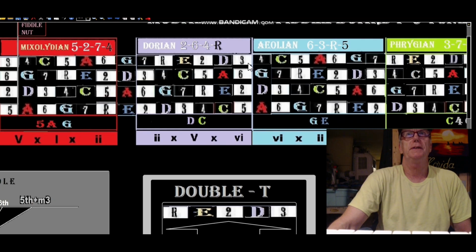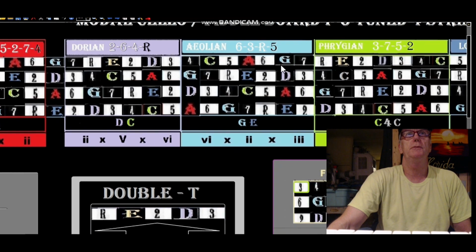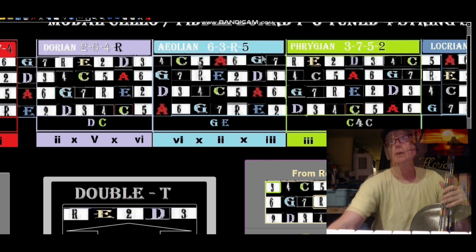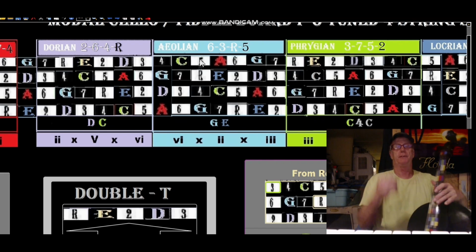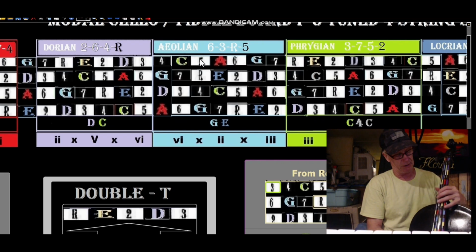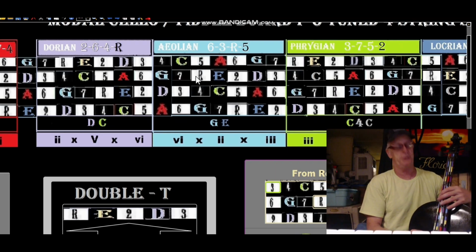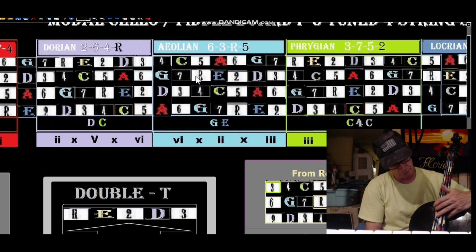Now to 3 there. Now when we get to Aeolian, we move the pattern down again. 6 comes down here. We're going to have to go root, 5, 3, 5. We're going to have to go back for this 5 if we want to stay in the Aeolian scale. So let's look at Aeolian. We're going to have an A, G, 6, 7, root, 2, 6, 7, root, 2.